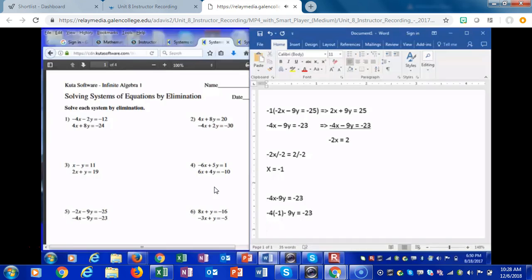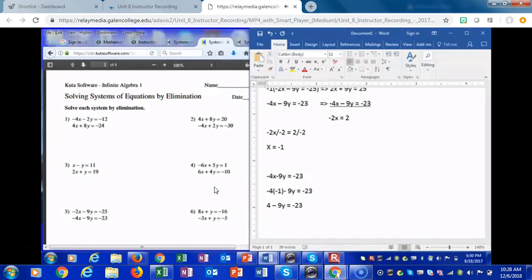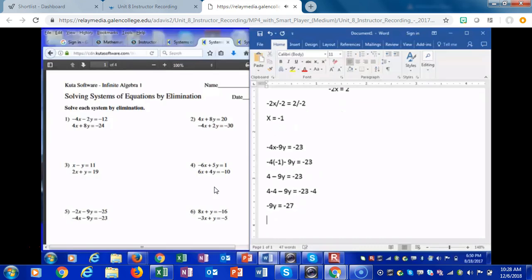Negative 4 times negative 1 is 4 minus 9y equals negative 23. I want to move that 4 to the other side. So I need to say 4 minus 4 minus 9y equals negative 23 minus 4. On the left side, 4 minus 4 cancels. We're left with negative 9y equals negative 27.